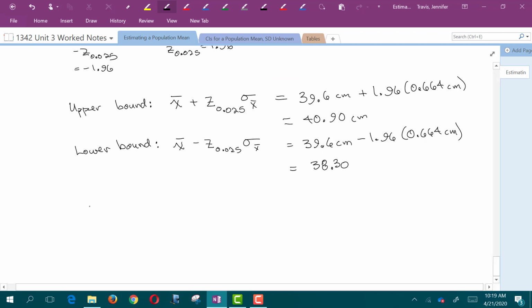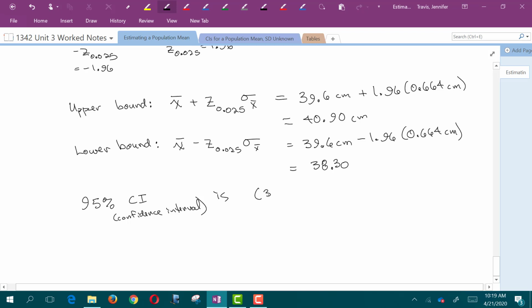Okay, so that means that my 95% confidence interval, a lot of times this gets abbreviated. So we're going to write it in interval notation.